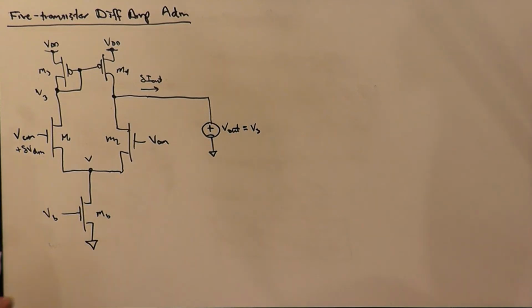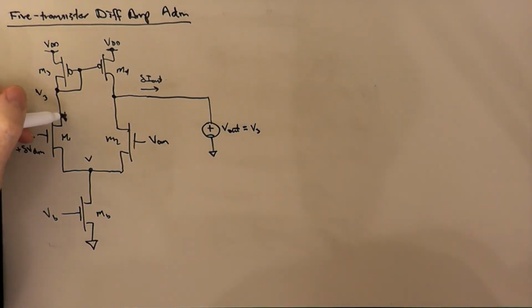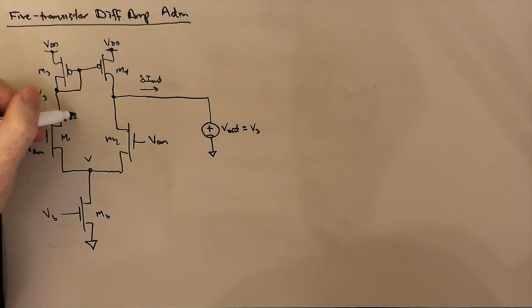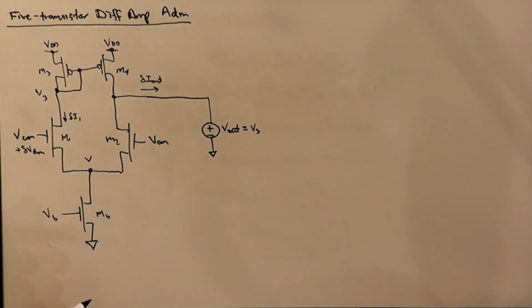Okay? And so what we're going to do is track the current increments that we get as a result of doing this. That's going to take a little bit of getting used to. The first thing that happens when we put our delta VDM into the gate of M1 is that we're going to get an increase in the current I1 by some amount, delta I1, and we're going to have to figure out what that is.